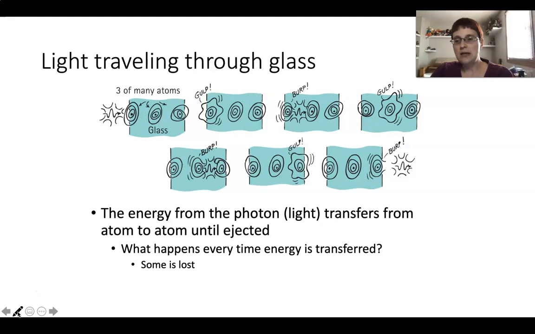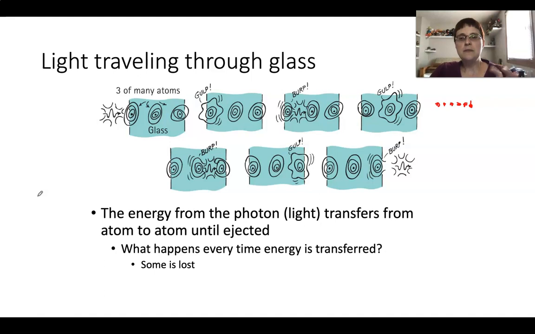So to give you an idea, this is glass. So diamonds instead would be like this. These would be each of the atoms in the same pane. So if this was a diamond pane, then these all would have to have the energy passed through them before it got to the other side.